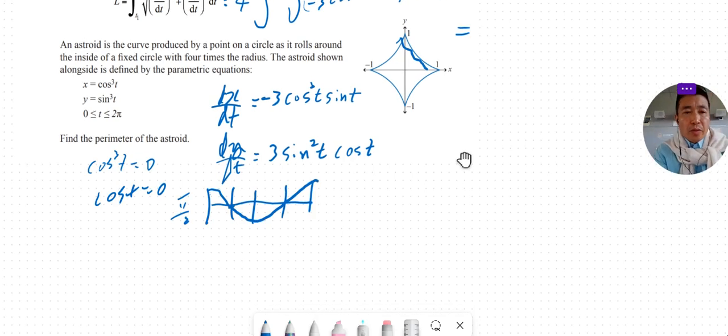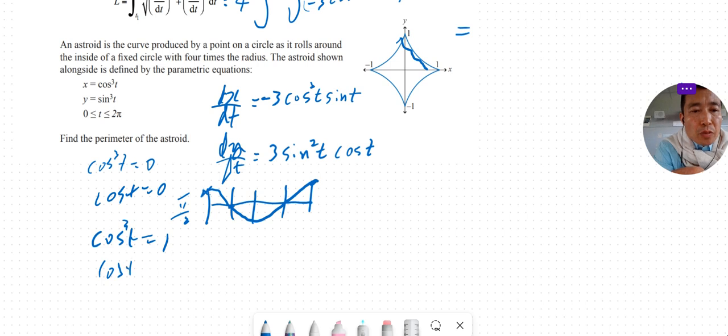And what about when cosine t equals 1? Because t is between 0 and 2 pi, cosine cubed t is 1, that means cosine t is 1.